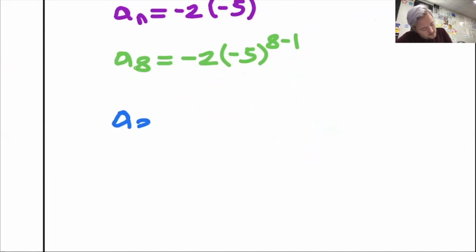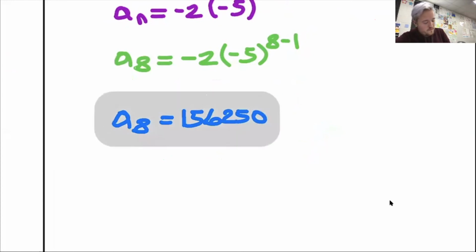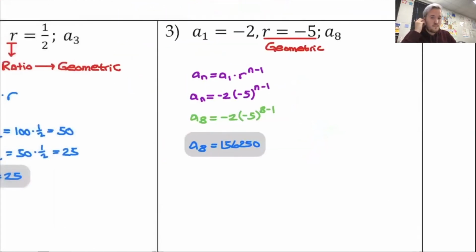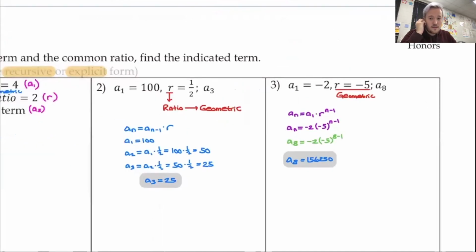A of 8 is 156,250. You can write the commas, you don't have to. The answer choices will for sure have commas because it just makes it easier to read.